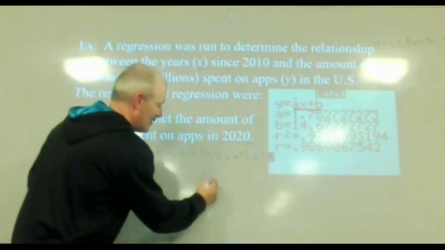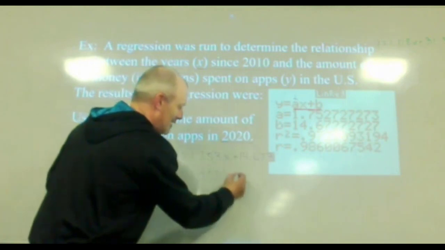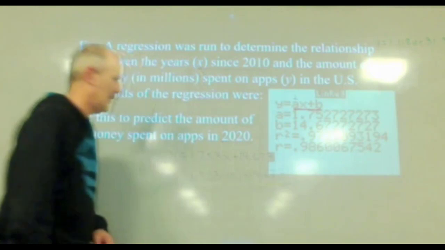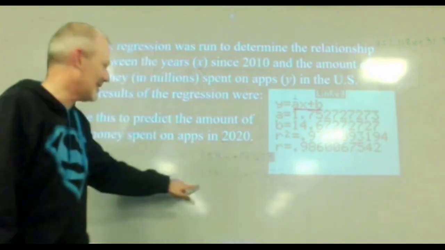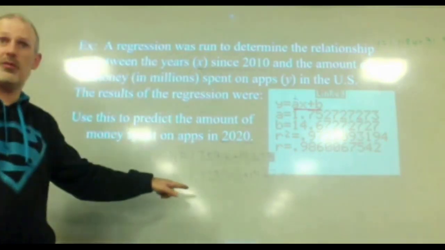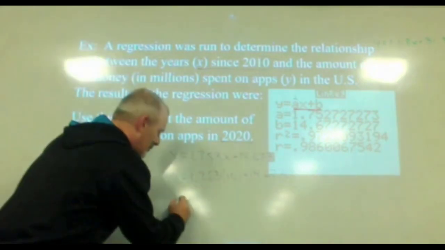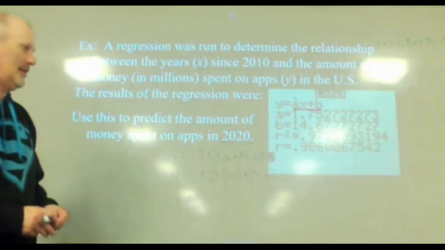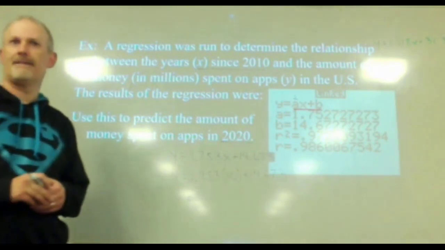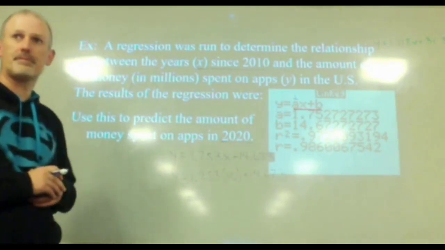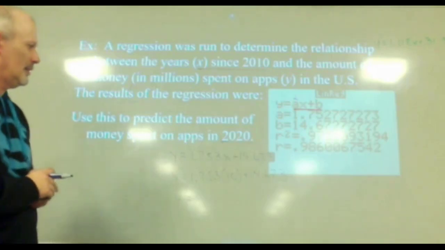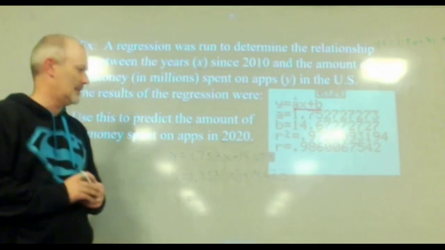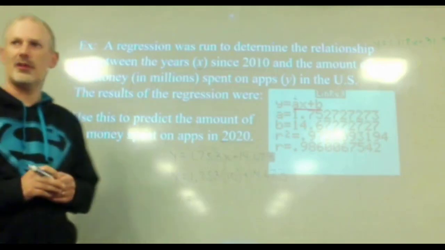So 1.753 times 10 plus 14.673. And again, when you're typing it in like this, you can just type that whole thing into your calculator all at once. So if somebody could do that for us, what do we get for that number? You guess somewhere 32 point something.